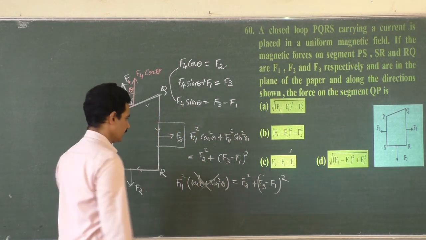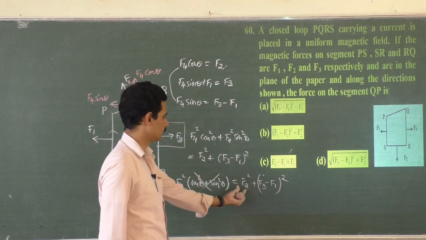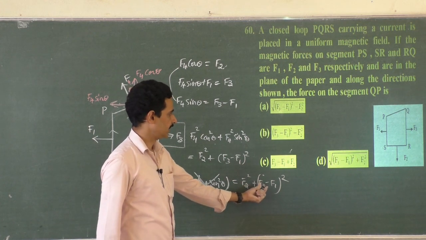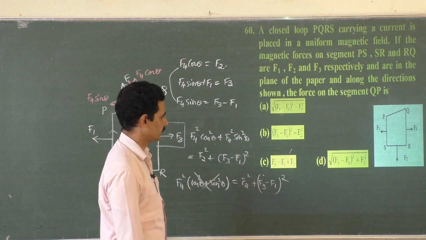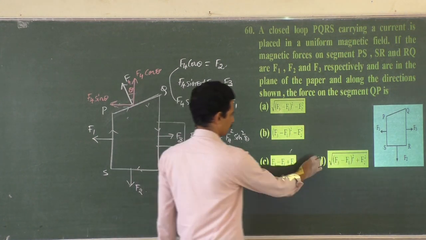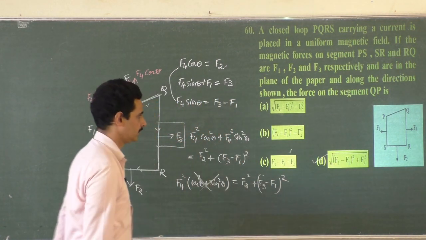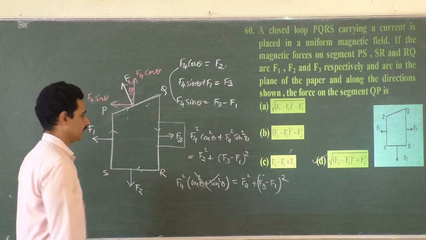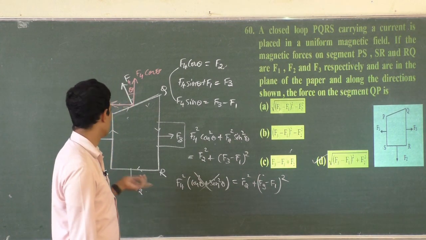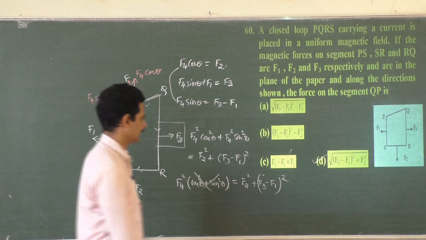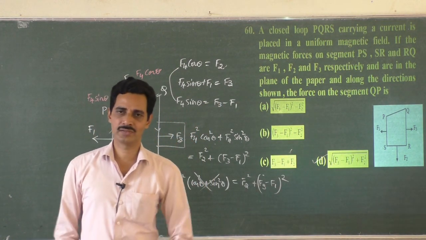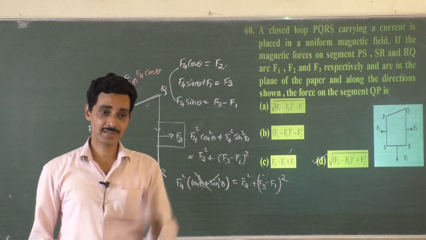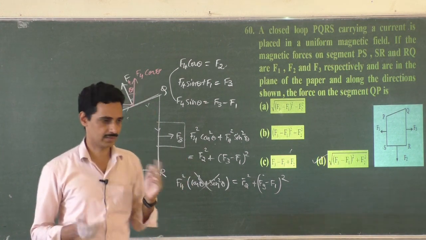This is 1. F4 is equal to root of F2 square plus (F3 minus F1) whole square, right? Am I right? Root of F2 square plus (F3 minus F1) whole square. That is option D. So idea is to have components of forces. Main theme is net force acting on a current loop is 0.